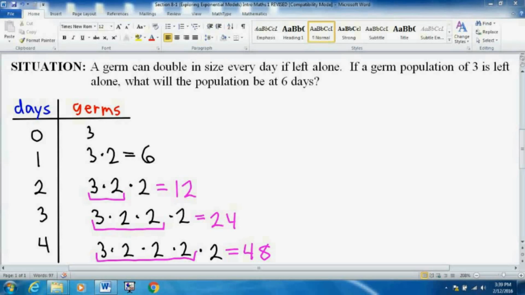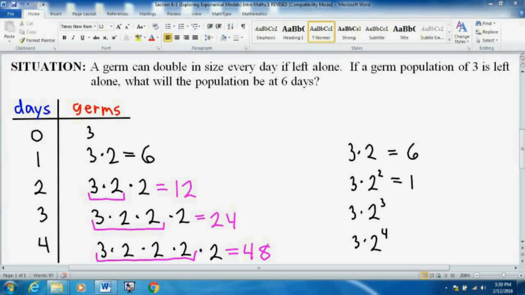Let us now rewrite these expressions in a simplified form using exponent notation. That is 3 times 2, 3 times 2 squared, 3 times 2 to the third power, and 3 times 2 to the fourth power. This will give us the same answer as in our table.